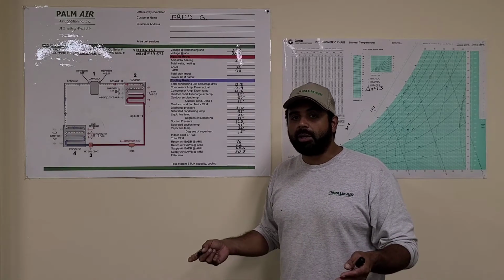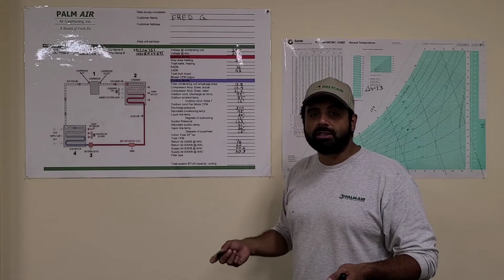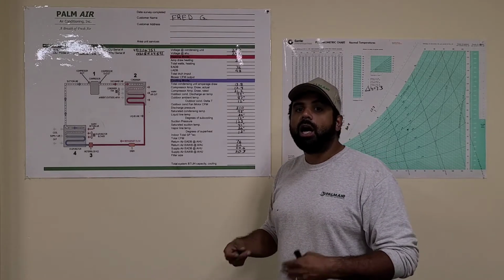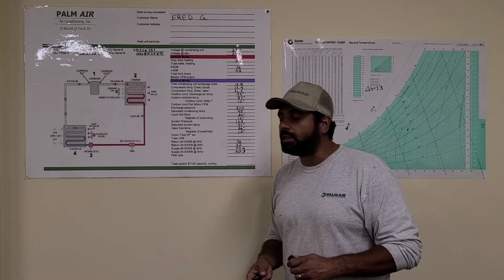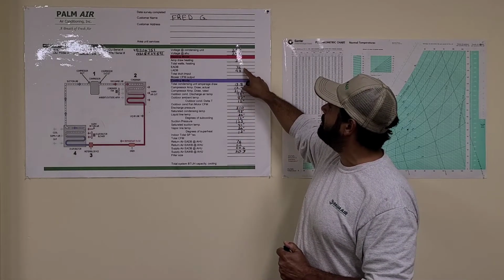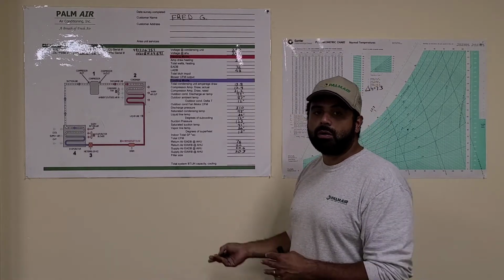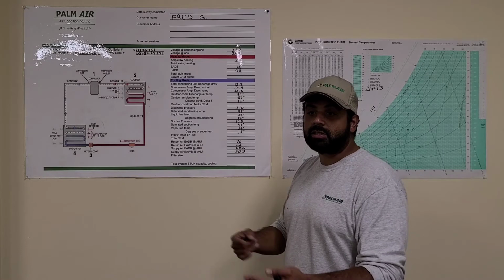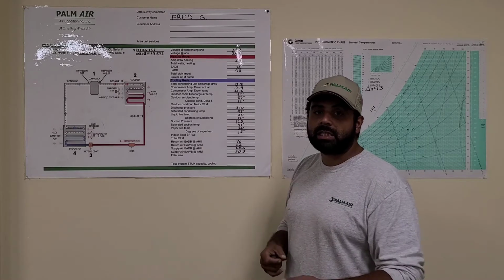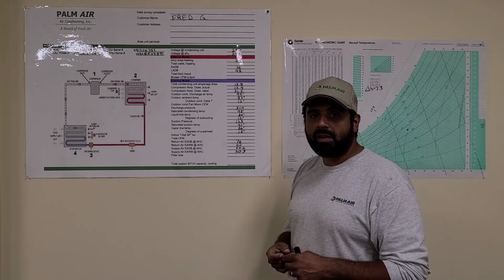Anytime you're trying to figure out what sensible heat is costing you, 1.08 is your constant. Then we divide that again by the actual temperature difference, so we can see how much heat is gained by the air as it passes through. That will give us an idea of how many CFM we have.